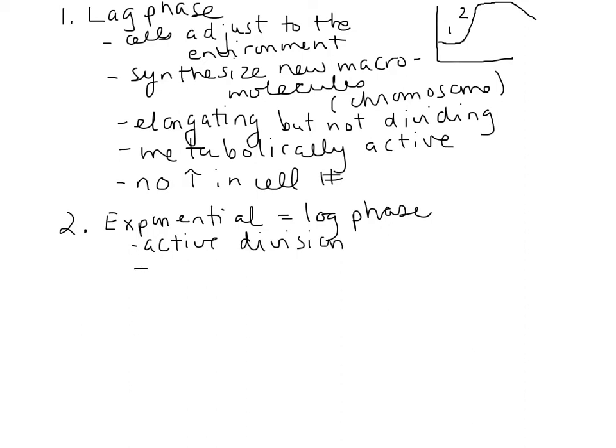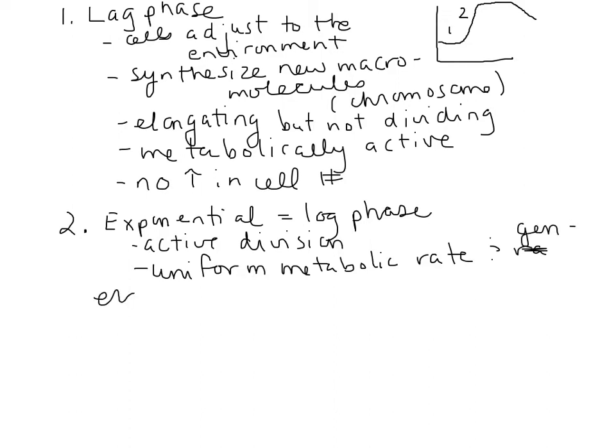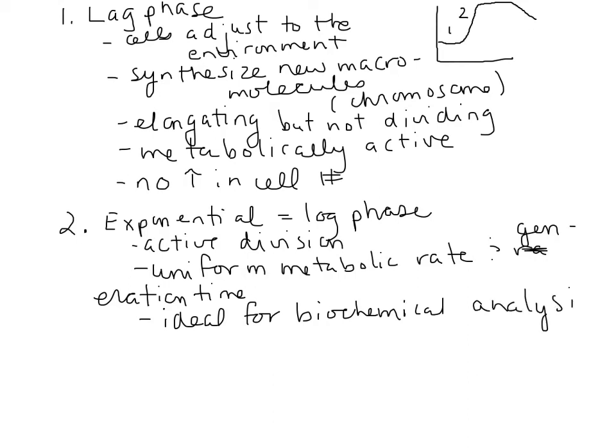Okay, we'll usually have a uniform metabolic rate and generation time. This makes it ideal for biochemical analysis, because each cell is pretty much functionally the same at this particular time. It's a very good time to assay cells.